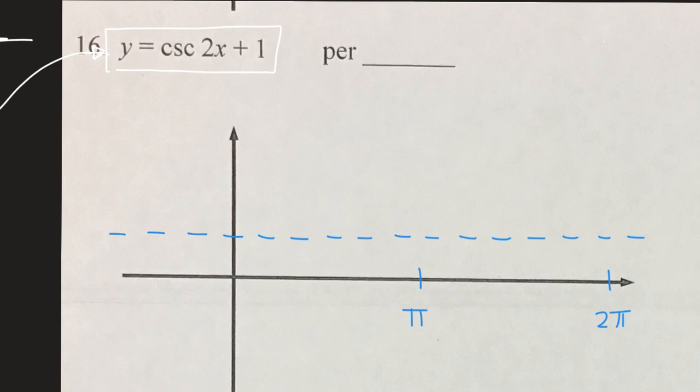So now let's graph our sine. Sine, hopefully you remember, starts at a 0, ends at a 0, and has a 0 in the middle. It also goes up to a maximum, which is 1.